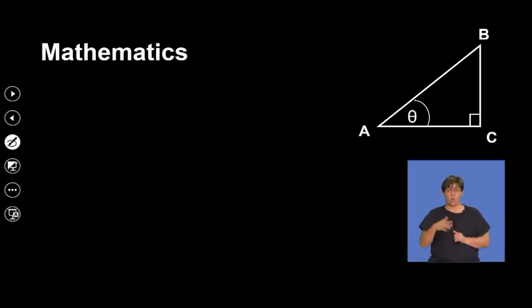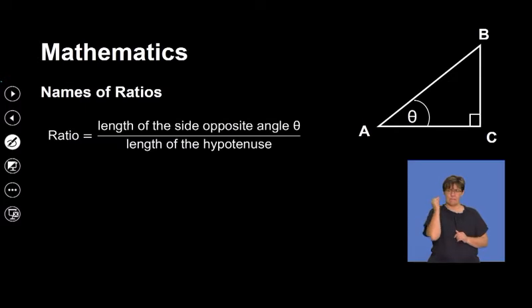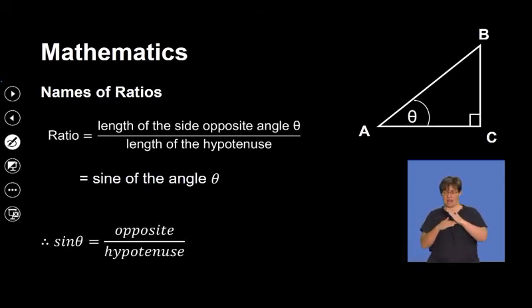Now, if you look at this triangle and I want to name these ratios, remember the ratio is the length of the side opposite angle theta divided by the length of the hypotenuse. This ratio becomes what we call the sine of the angle theta. In simple terms, sine theta equals opposite over hypotenuse.